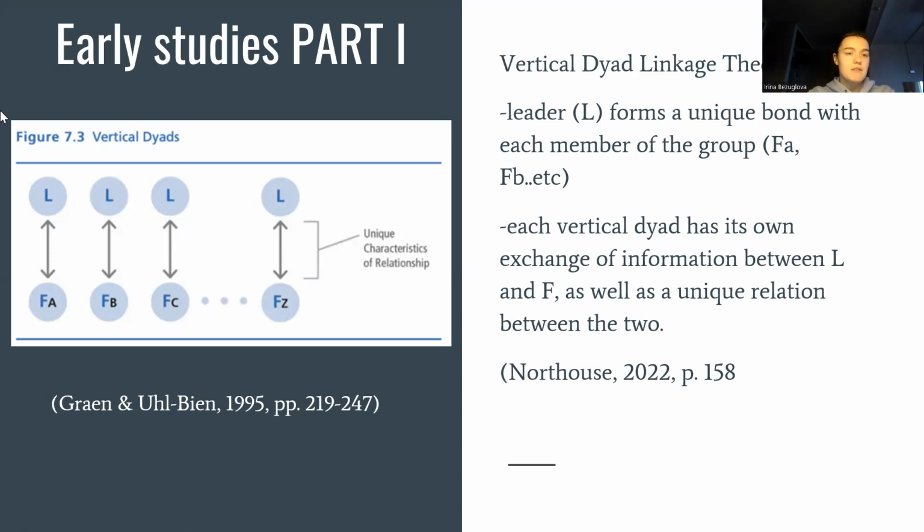On the picture, you can see that the leader forms an individual vertical dyad link with each member. So each dyad has its own exchange of information between the leader and the follower, as well as its unique characteristics between the two.